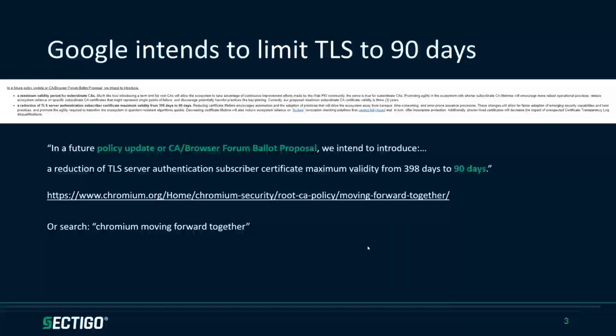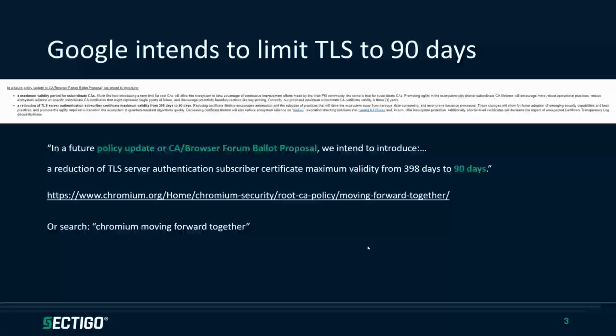We saw Apple do this when they took us down to 1-year certs, where 2 ballots had failed in the CA browser forum, and Apple just stood up and said, well, we're going to make it a root program requirement. That's that, right? And then the other root programs quickly followed suit. And by the time it actually rolled around, Chrome and Firefox were also making it a requirement in addition to Apple. So, we can imagine something very similar happening here in terms of those other browsers, and Chrome has made its intention very clear.